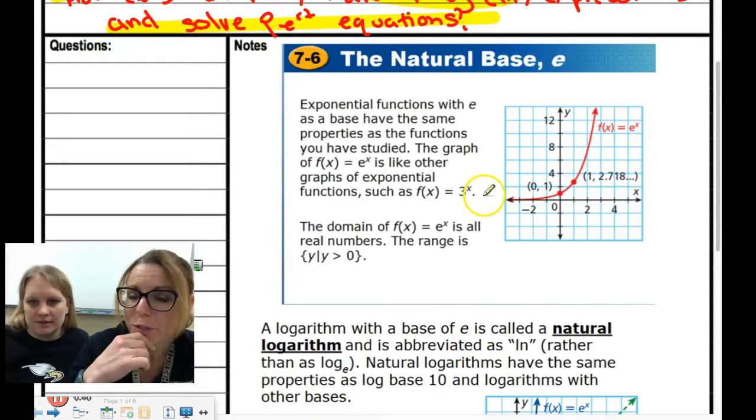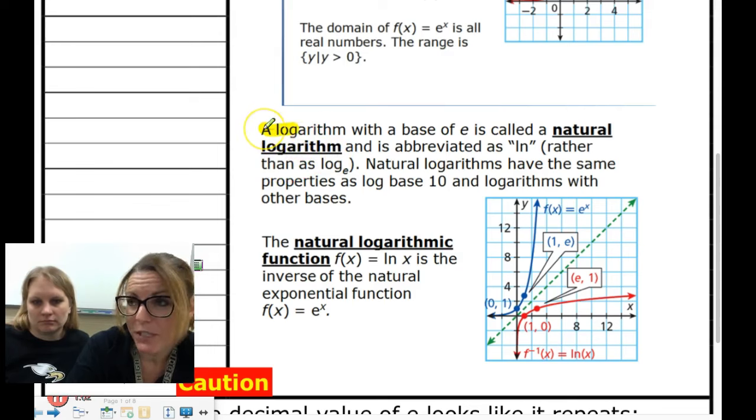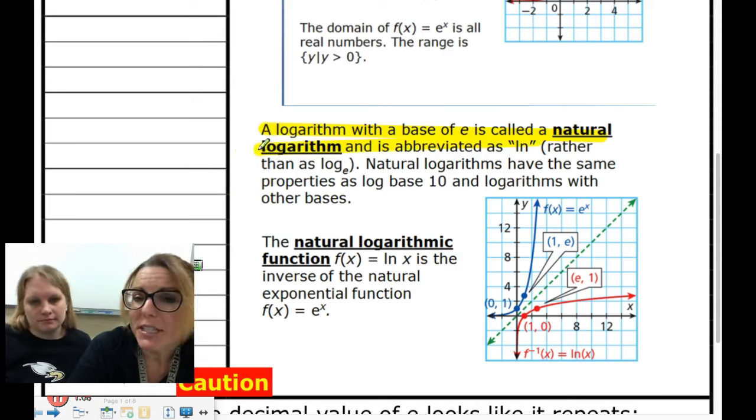Never goes below. Right. So a logarithm with a base of e is called a natural log. We've talked about logs, which have a base of 10. Remember, if it doesn't specify the base, it's a base of 10. So natural log, you're never going to see it written as log e, but that's what it's equivalent to.